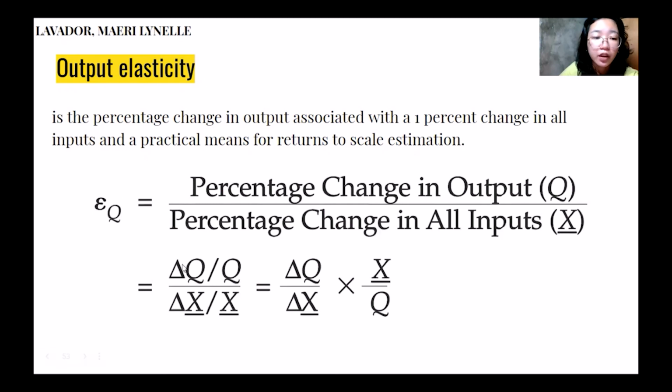Below is the equation for the output elasticity. It represents E sub Q equals the percentage change in output, represented by Q, over the percentage change in all inputs, represented by X, where X refers to capital, labor, energy, etc.